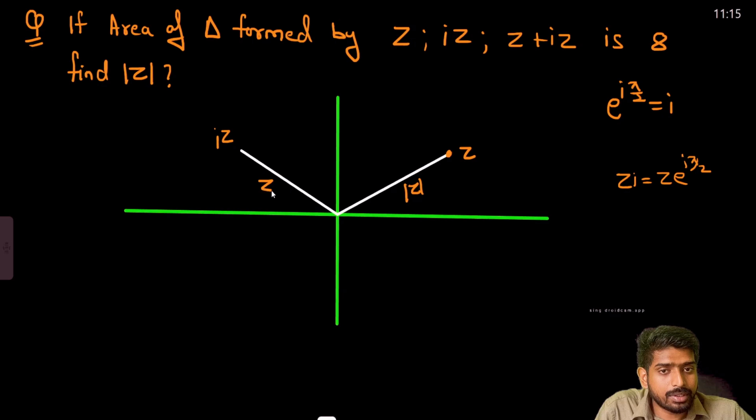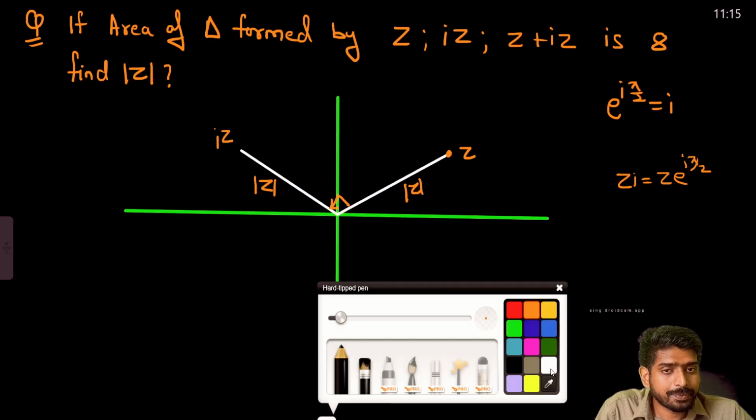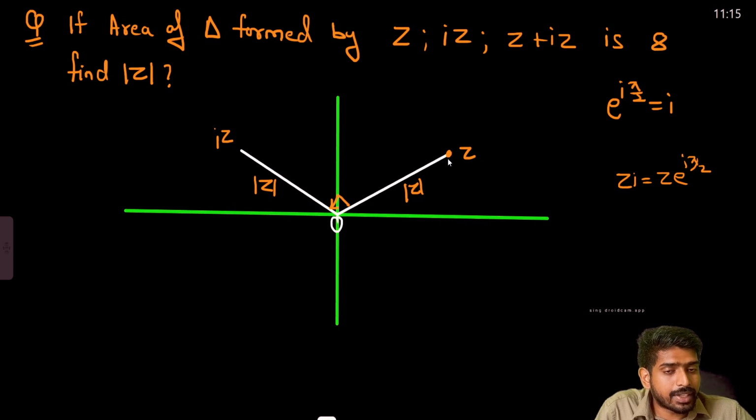And what is the magnitude? The magnitude of this complex number is mod z. And this angle is 90 degrees, we rotated by 90 degrees. Now next, if we consider this as position vector z, this as iz, where is z plus iz?